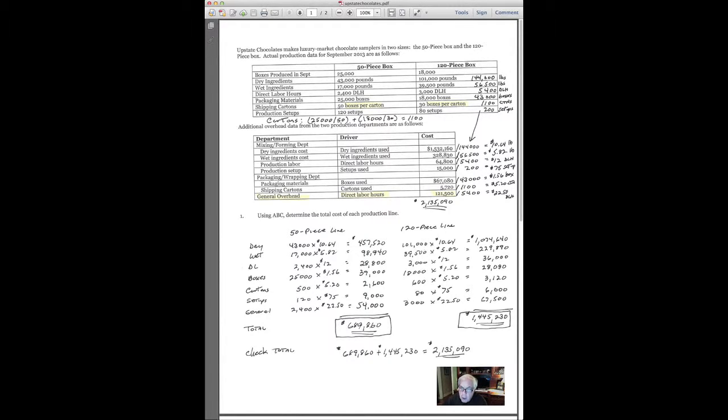All right, then all I'm going to do is bring those numbers over, and again, I'm not writing anything I don't need to write. Divide by 144,000, divide by 56.5, divide by 54. So I'm matching what it tells us in the driver with the total that's up here. Setups, boxes, cartons, and then there's the general overhead, which is based on direct labor hours, so it's 5,400.